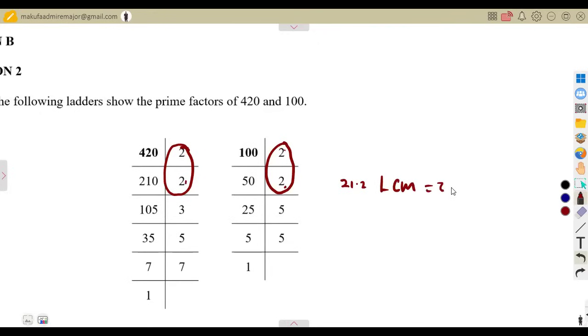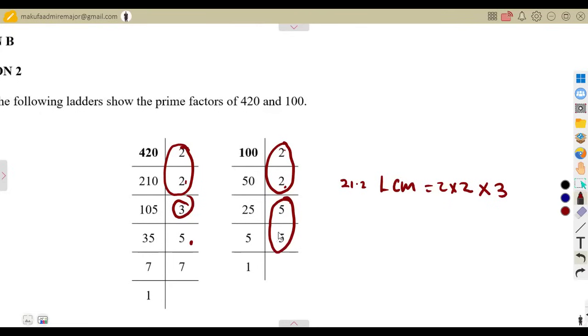So the LCM is going to be 2 times 2. Then I move on to 3. As long as a number is there, I have to take it. A 3 is there, even though there's no other 3 on this side. On the LCM, you take everything. There is a 5, yes, but where are they many? 5 times 5.